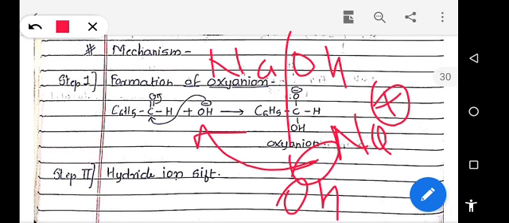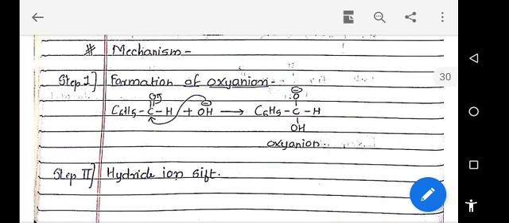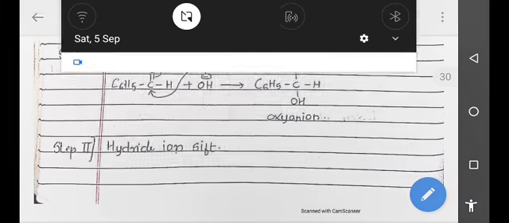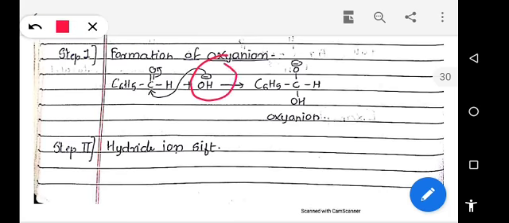This OH minus sometimes acts as a base, and sometimes it acts as a nucleophile, but in this condition it acts as the nucleophile. OH can act as a base or as a nucleophile, but it depends upon the supporting part, that is the reactant part.